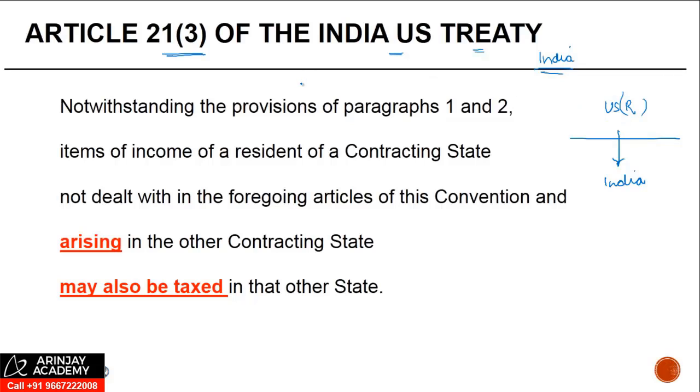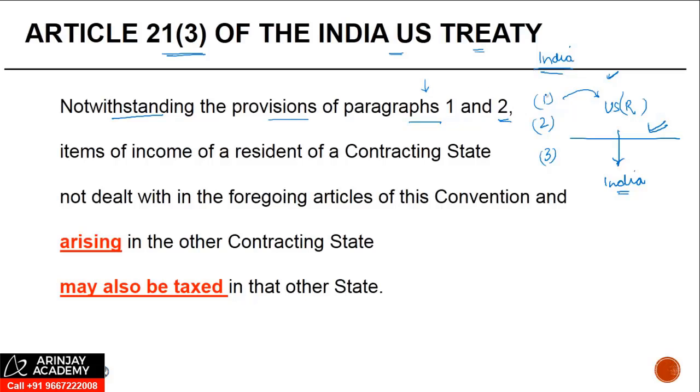What this article does is, if you remember, Article 21.1 said the income is taxable only in US. Paragraph 2 said if the US resident has a PE in India, then income may be taxable in India as well, right? Now paragraph 3 says that even for income which is referred to in paragraph 1 or 2 may be taxed in India, notwithstanding the provisions of paragraph 1 and 2.